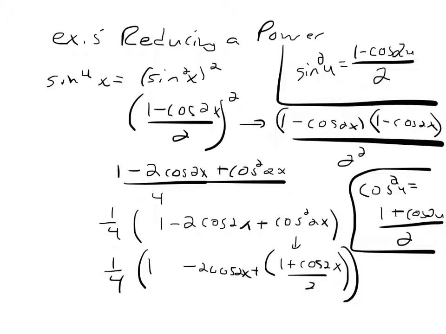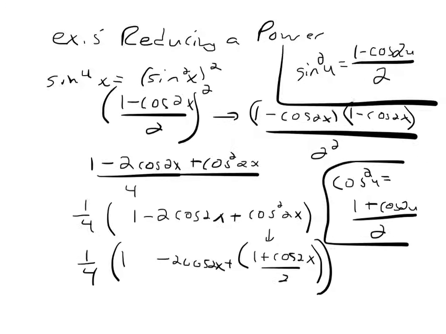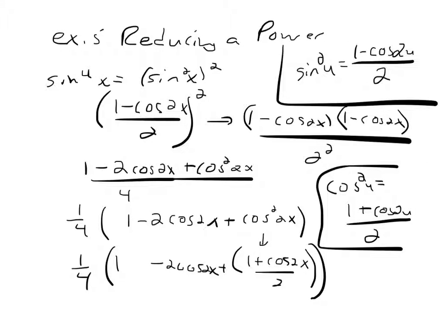I do have one glaring error that I need to correct. When I use this formula right here, my u that I'm using in the formula is supposed to be 2x. So when I sub in 2x right here, 2 times 2x is 4x. So that's supposed to be the cosine of 4x right here.